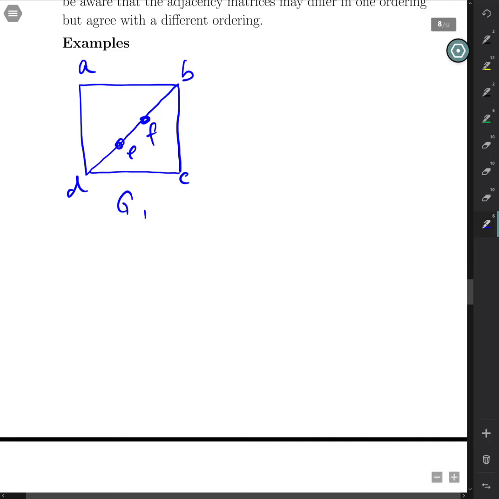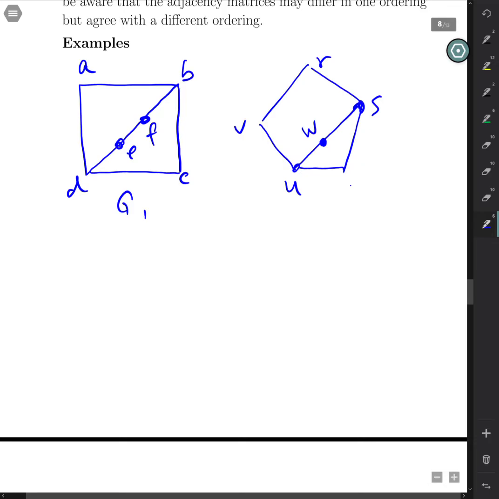And G2 will start off with a pentagon shape like so. And I'm going to label the vertices on this R, S, T, U, V like so. And I'm going to add one more edge on the inside like so. And let's make that a vertex right there, which is a W.